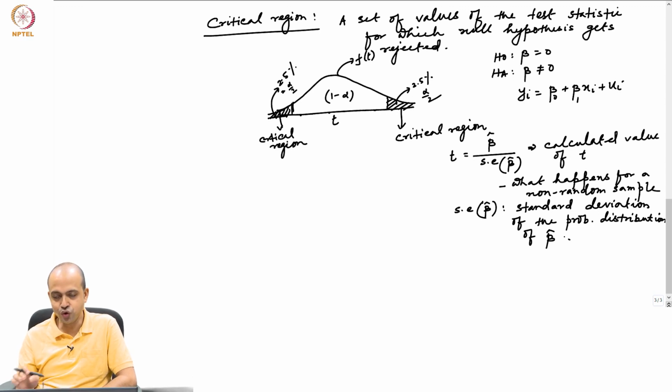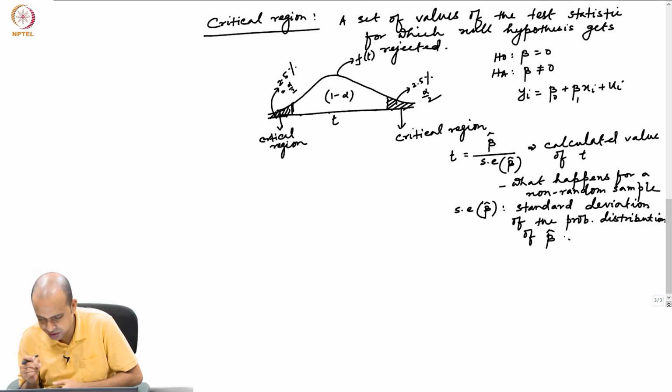And that is why we said that once you get the beta hat divided by standard error of beta hat, you will get the t statistic, which is called calculated value of the t statistic.